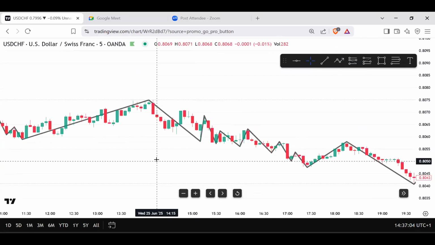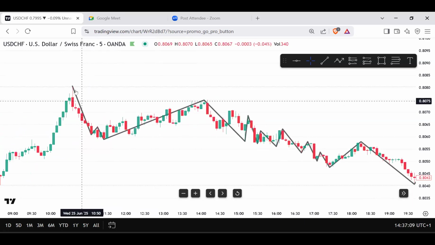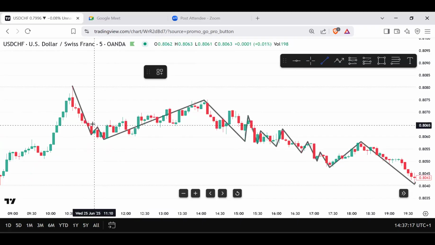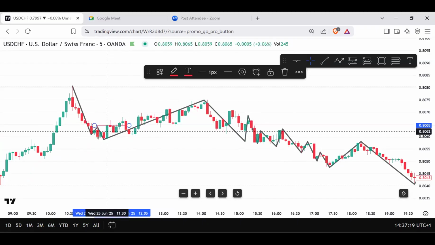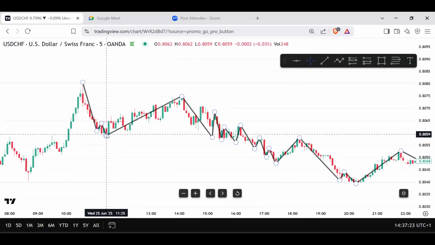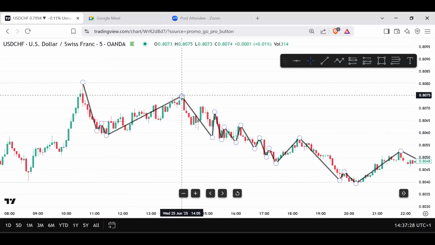So now we can see the first impulse right here, and there's an inducement here. The first inducement came because it's closed already in that area. So when the price took out this inducement, that's correction.